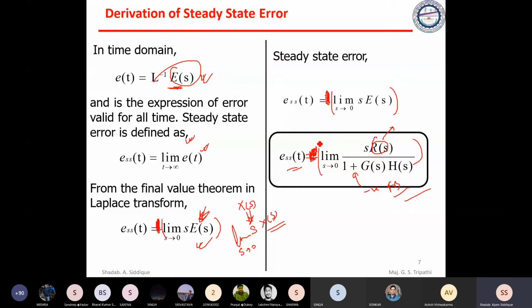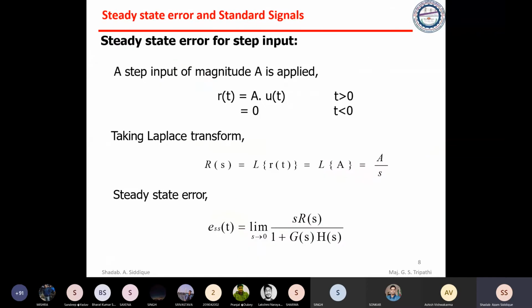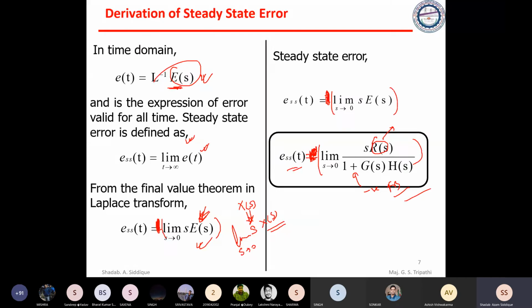I'm sorry, this Laplace inverse should not be there, because if we are just checking s tending to 0, the s term will vanish out. So the Laplace inverse will not be there. Although if you want to find the Laplace inverse, you will not be able to find it, because there is no s domain there.